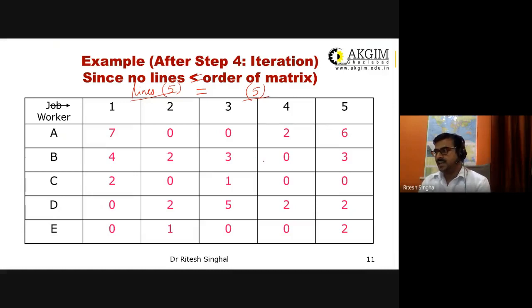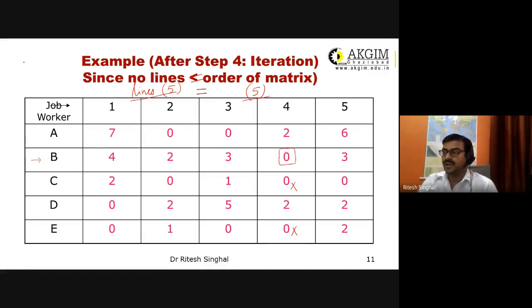So is there any single zero? Yes. In column B, there is a single zero. Allocate this person to job 4 and cut the other 2 zeros of this particular column. Since in the second row this zero is the unique zero, obviously we have to assign this job.